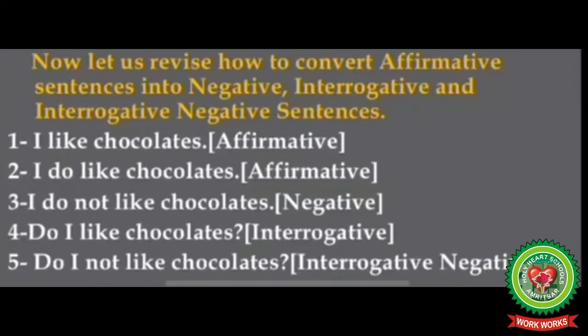So to make it negative, we will first add do in this sentence, as in I do like chocolates. So now converting into negative, I do not like chocolates. Interrogative begins with the helping verb. So do I like chocolates? Interrogative negative, do I not like chocolates?